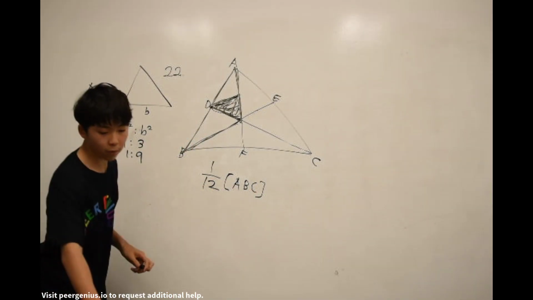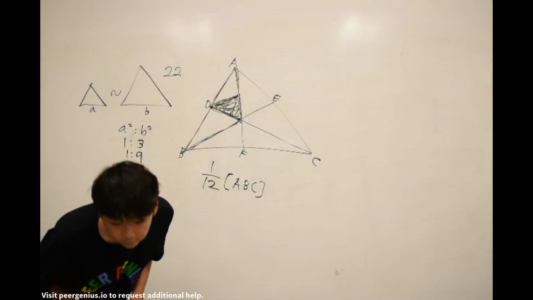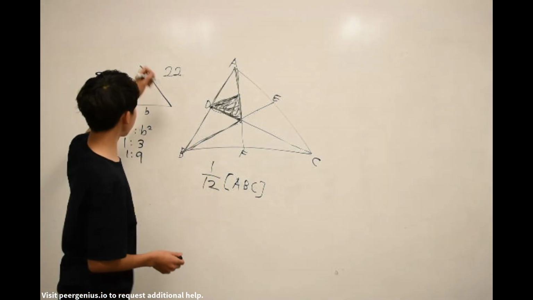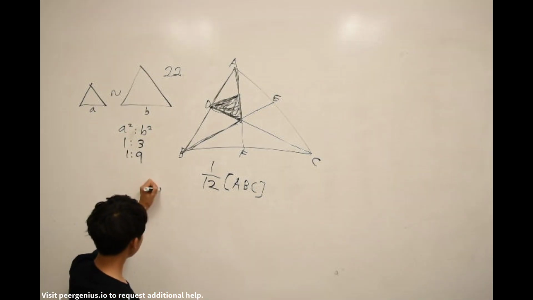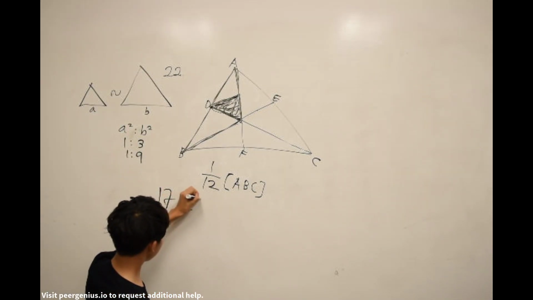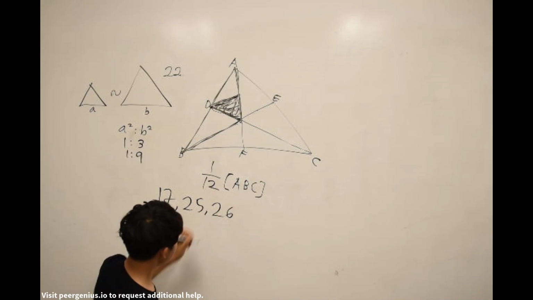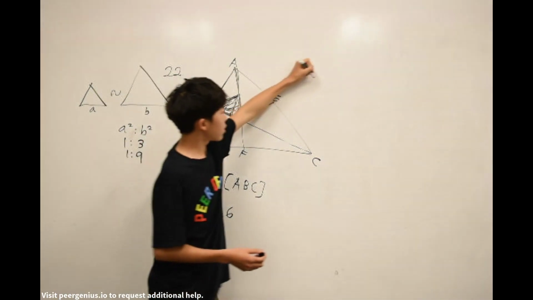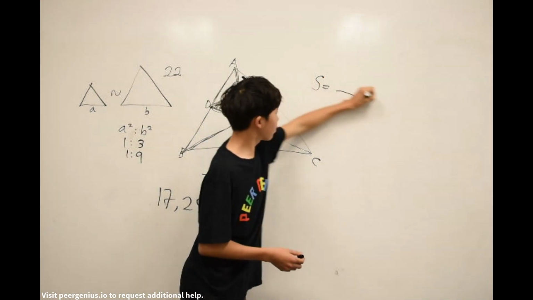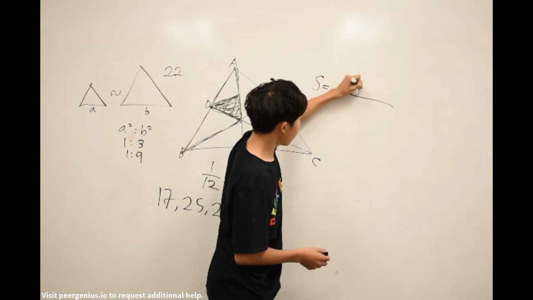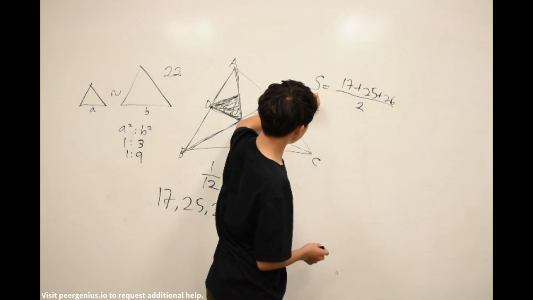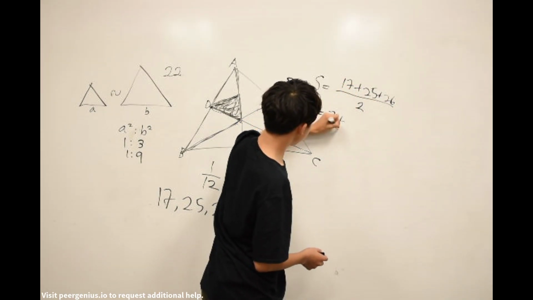When you look at the problem, the three side lengths are provided: 17, 25, and 26. If we use Heron's formula again, we find the semi-perimeter, 17 plus 25 plus 26 over 2, which is 34.